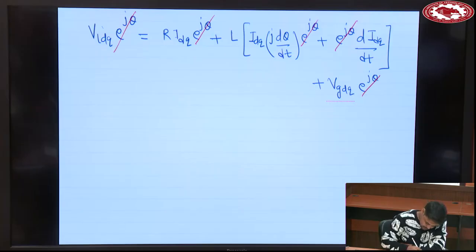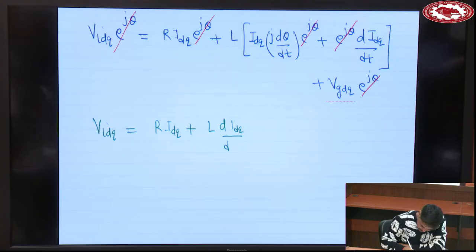What does it become? Vi dq is equal to R I dq plus L d i dq by dt plus j d theta by dt.